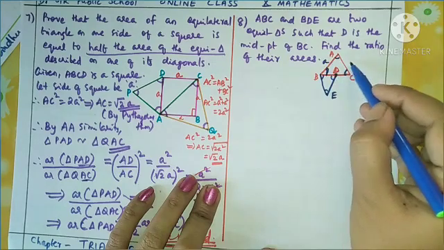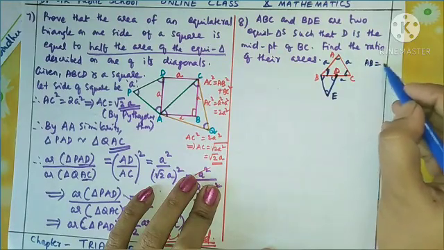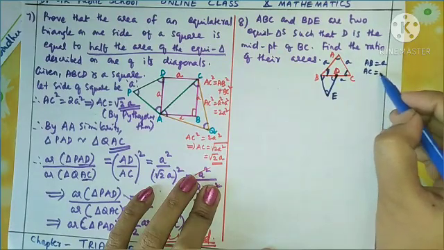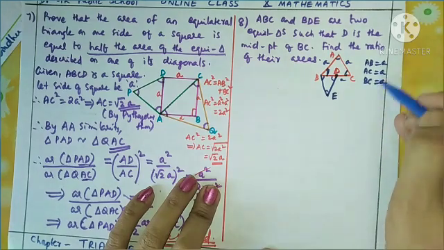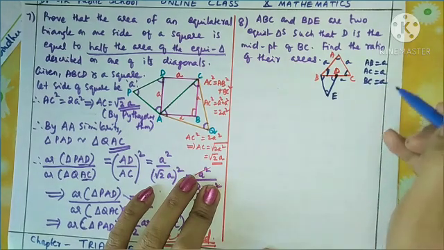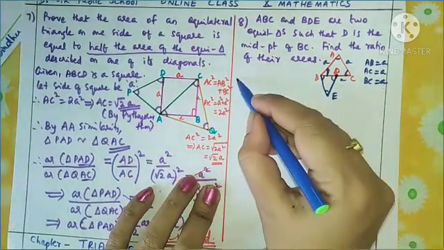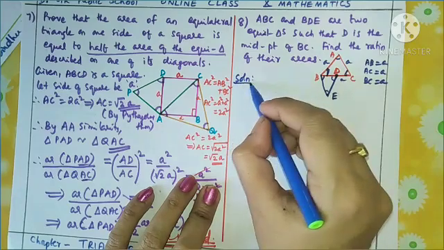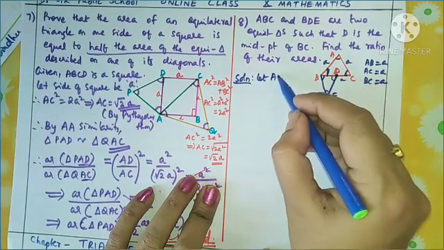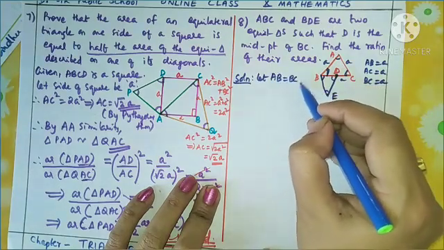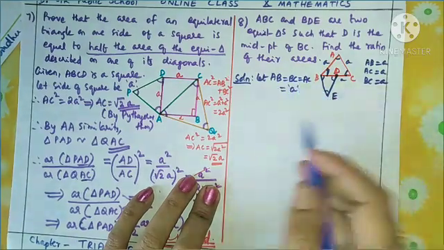The three sides are equal to some A, that is AB equal to A, AC equal to A and BC equal to A. All three sides are equal. So write the solution first. Let the three sides of the triangle, AB equal to BC equal to AC, be equal to some A.